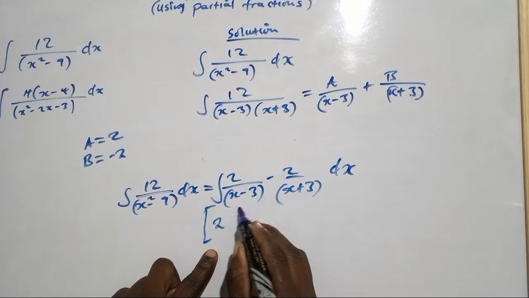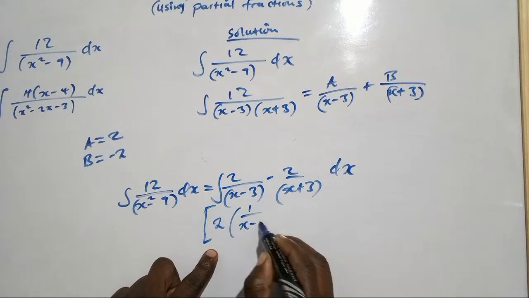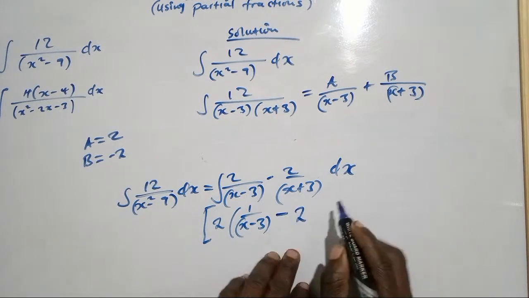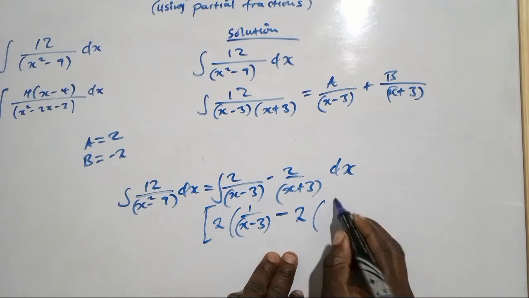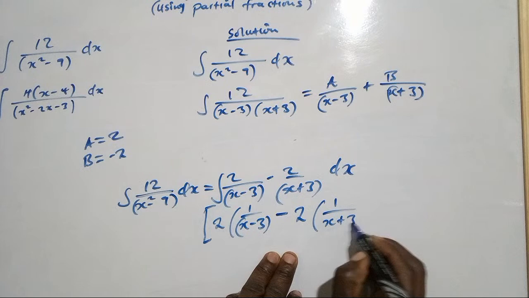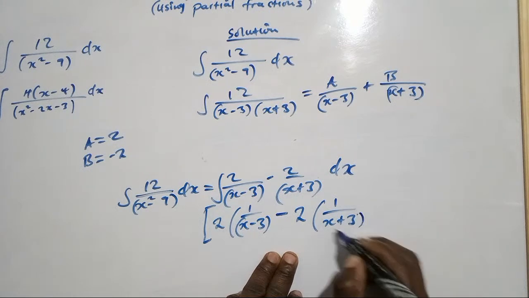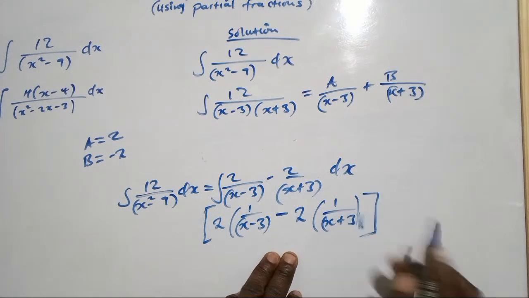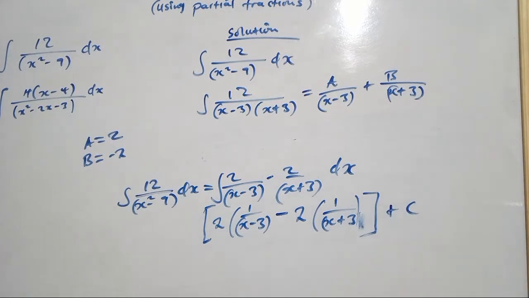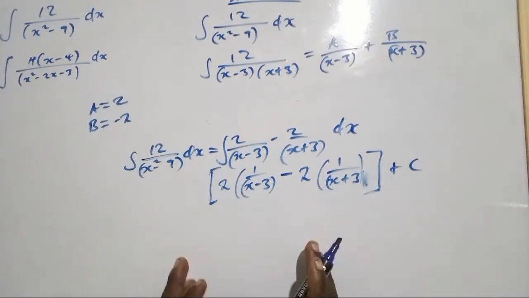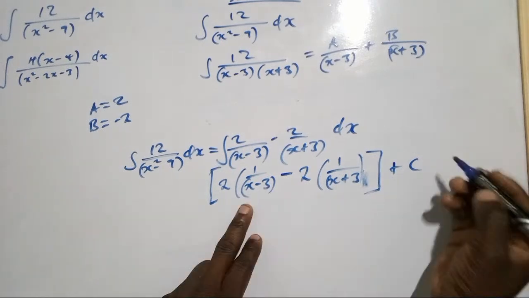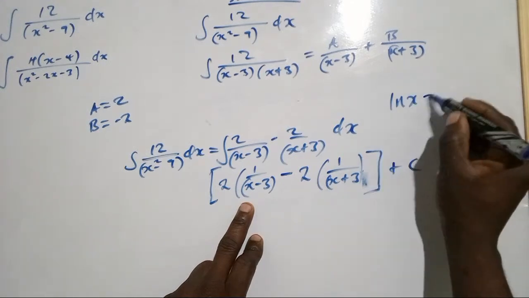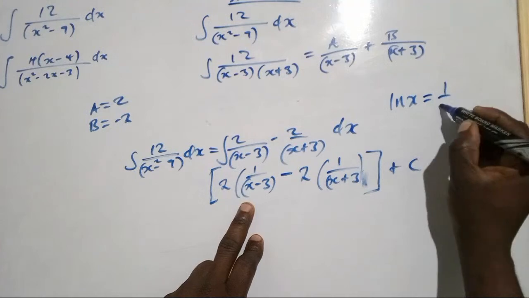So if you can see here what we have, we can say open square bracket, 2 times 1 over x minus 3, right? Then here minus 2 times 1 over x plus 3, then close square bracket, then plus c, right? Remember when you are differentiating ln x, it should be equal to 1 over x.